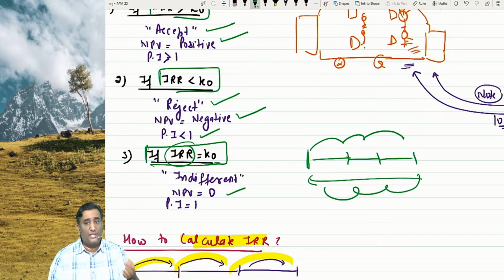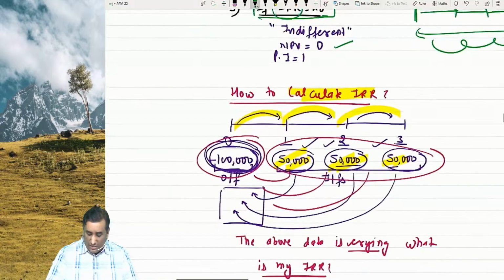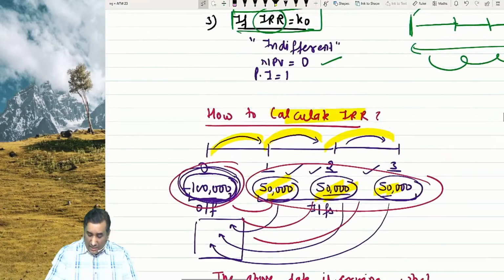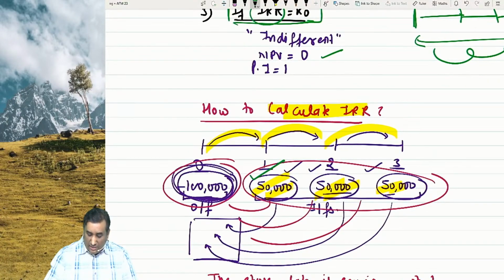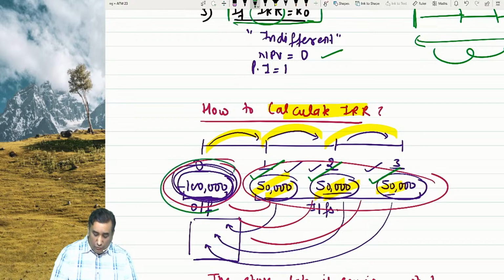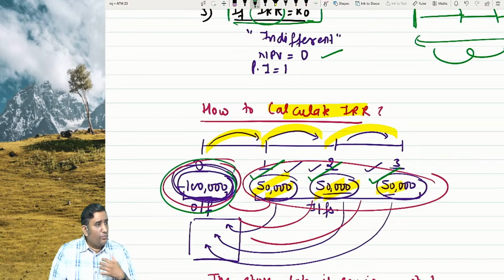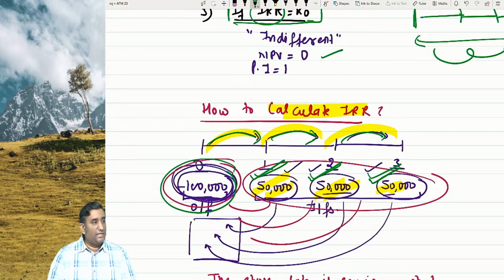Actually, why the mathematician gave this definition was, for example, if you look at this data, the data says 50,000 inflow, 50,000 inflow, 50,000 inflow, and 1 lakh is outflow. Data says I do not know what my earning rate is. The mathematician said not to worry. You would have earned by some rate and then you would have reached 50,000, 50,000, 50,000 in 3 years.